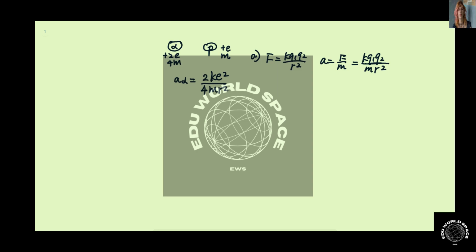So this is just 2 times the numerator, over 4 times the mass, 1.67 times 10 to the negative 27 kilograms, times r squared, where r is 0.225 times 10 to the negative 9 meters.